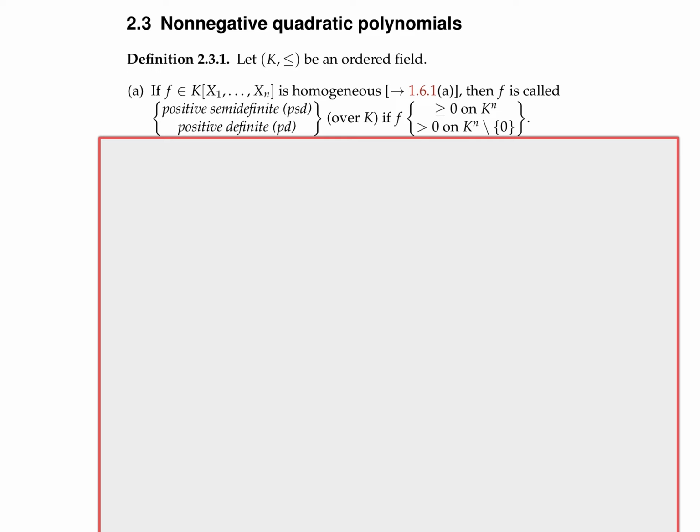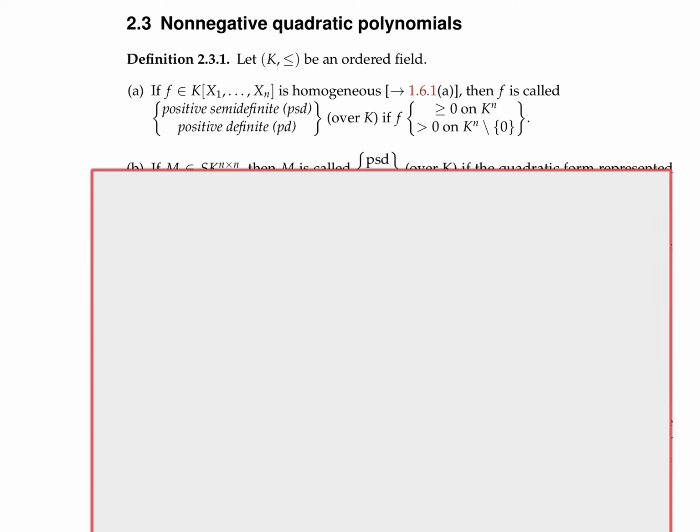Because at 0, the only chance that a homogeneous polynomial would be positive would be that it is constant, but non-constant homogeneous polynomials always vanish at the origin, of course. So we require this only except at 0.